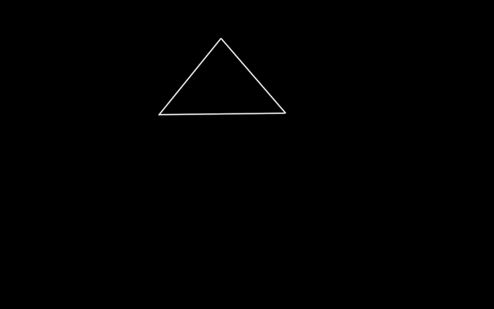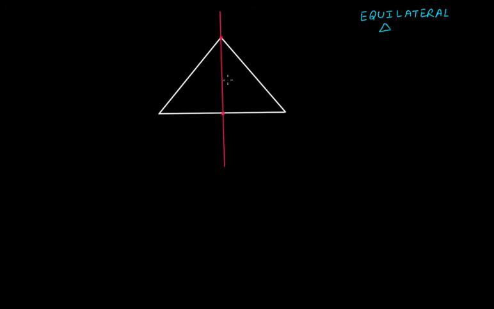What about this one? Now this is an equilateral triangle. And if you look at this equilateral triangle and take this vertex, if I pass a line from this vertex and that passes exactly from the midpoint of this side of this equilateral triangle, then this will be one axis of symmetry because it's dividing this triangle into two equal halves.